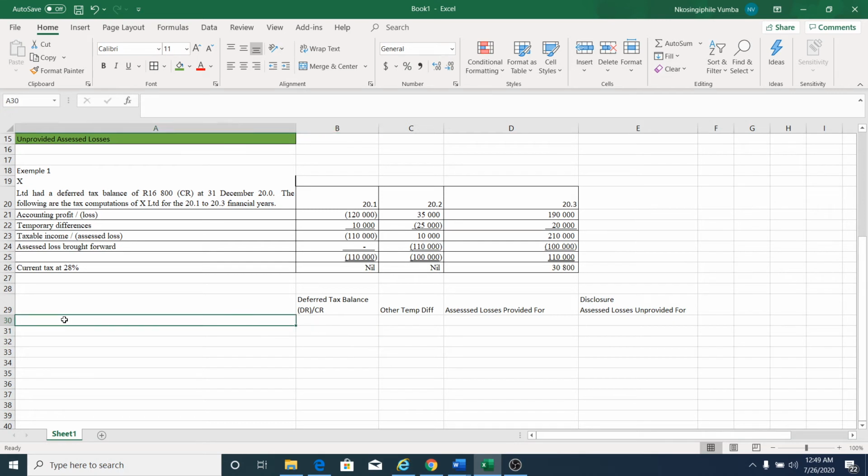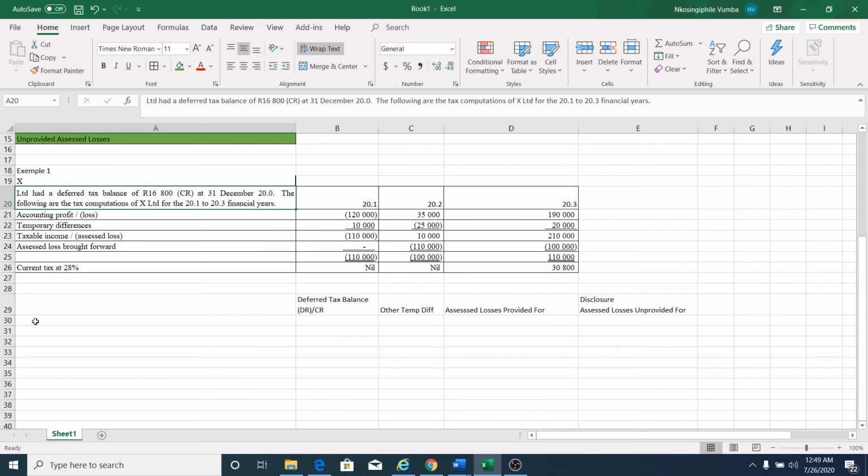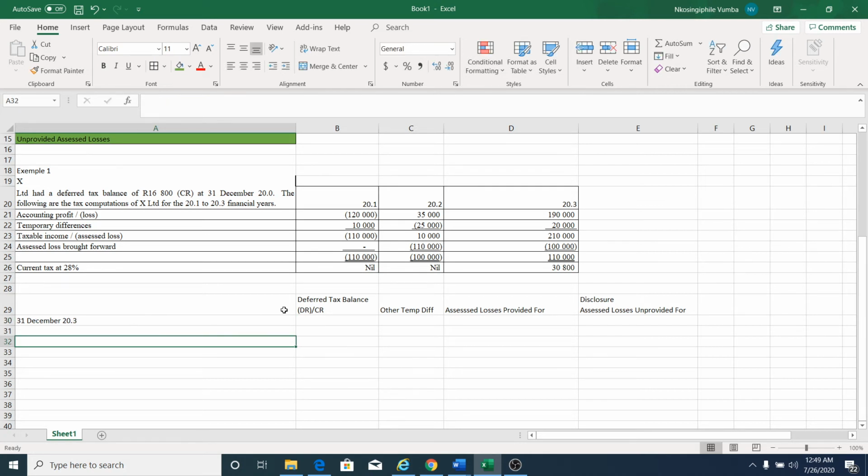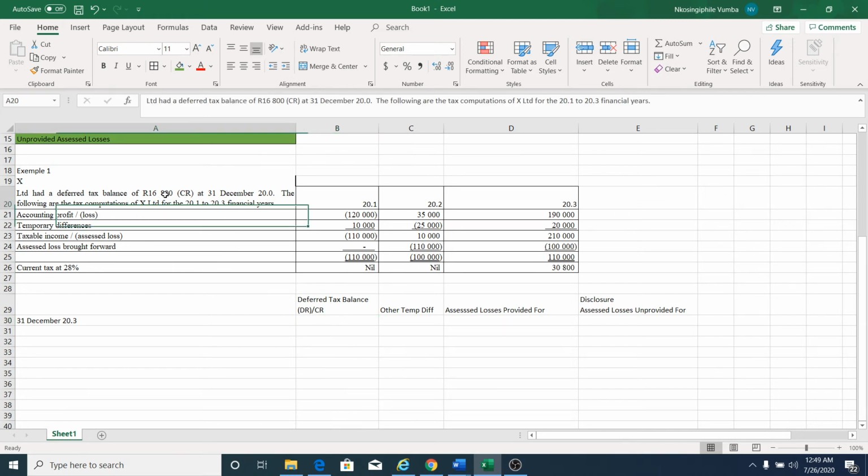Wonderful. So let's start as at 1st December 20.3 as given. They told us that we have a deferred tax liability of 16.8.